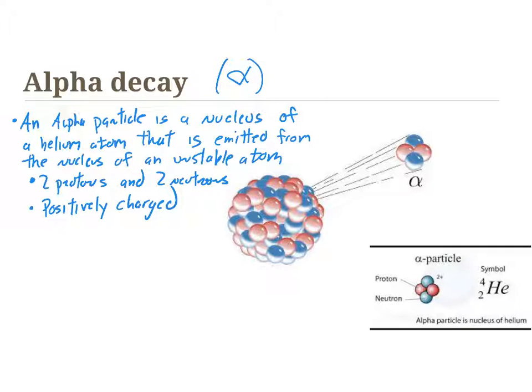Okay, so if I'm looking over here, we see that helium has a mass number of 4 and an atomic number of 2. So the 2 for the atomic number is showing me the number of protons, which is here and here. And then if we take 4 minus 2 to get the number of neutrons, those are there and there. So this is an example of an alpha particle, which is why it's referred to as the nucleus of a helium atom.